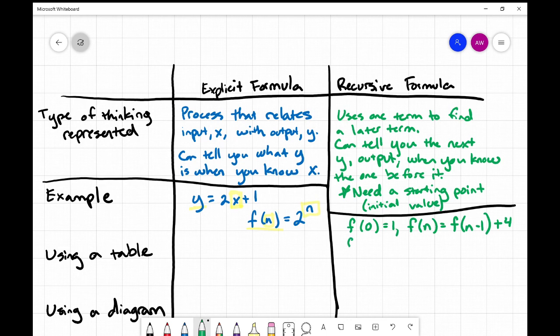Or you could say the function at 0 is 1, once again giving us that initial value. And then we could say the function of n is 2 times the function of n minus 1, which gets that previous value, and it must be doubled.